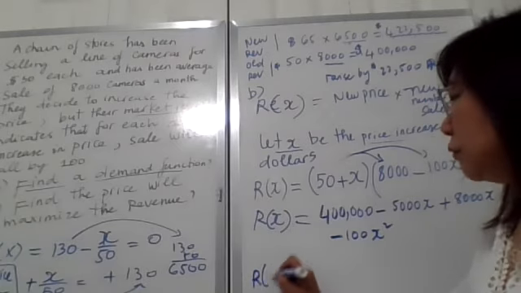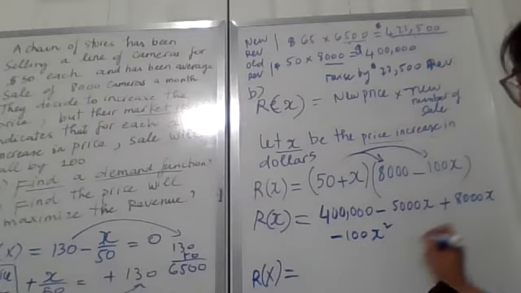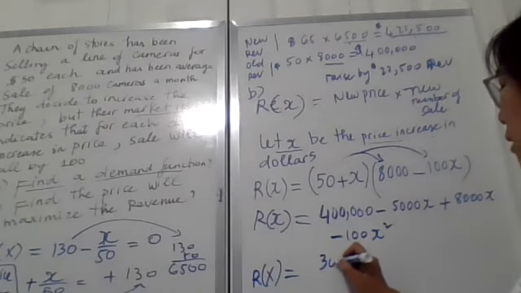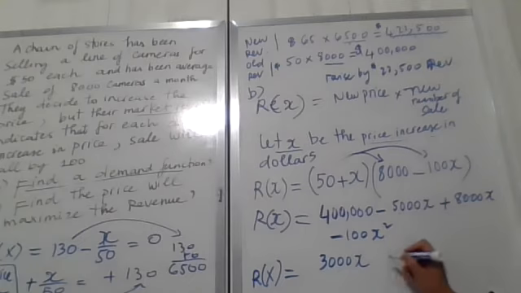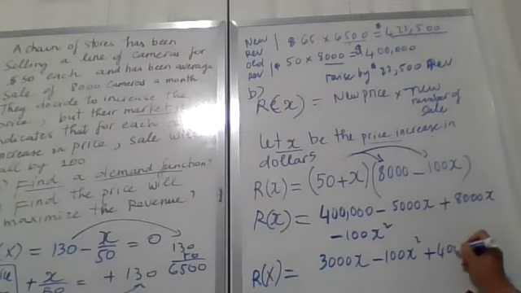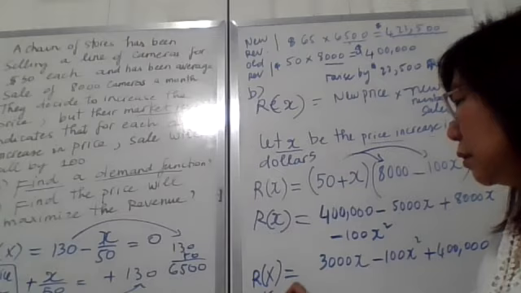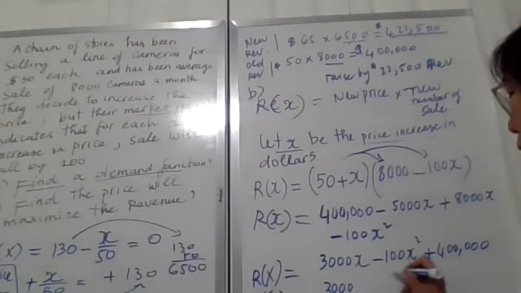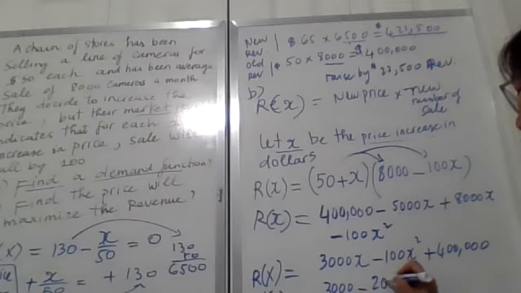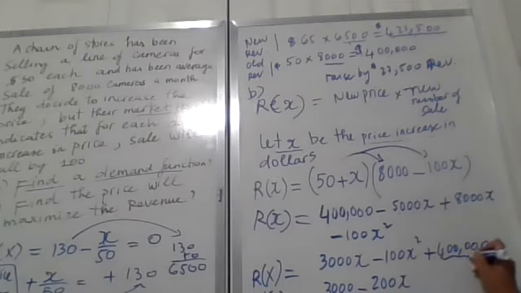So now let's simplify this. Our revenue will be 3,000x, right? Minus 5,000x adding 8,000x gives 3,000x, minus 100x squared, adding 400,000. To maximize revenue, we take the derivative of it, and this term becomes 3,000, this term becomes minus 200x, and this number becomes 0, right?